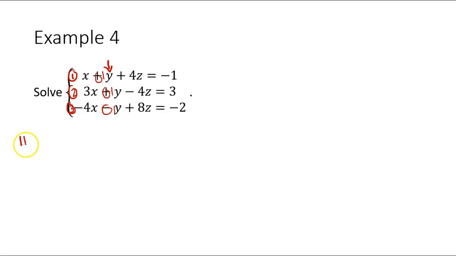I'm going to start off using equation 1 and equation 3. We have x plus y plus 4z is equal to -1. And we have -4x minus y plus 8z is equal to -2. And since the y's already have opposite signs and the same coefficient, I can go ahead and add these together.